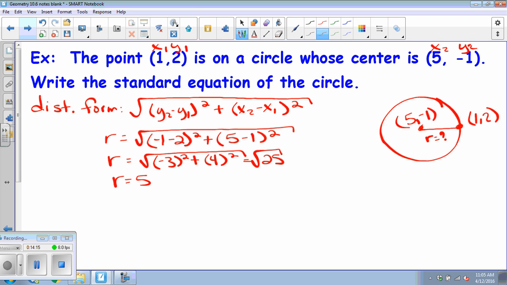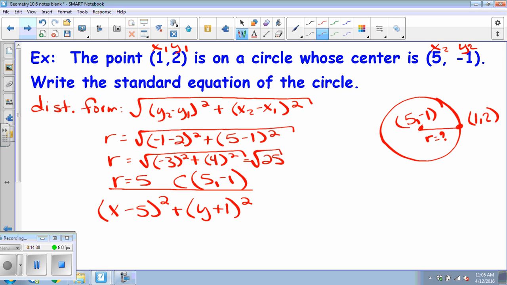So now you have the center and you have the radius, so you can go write the equation. The center they gave us was (5, -1). So here's our information we need to write. So it's x minus 5 squared plus y plus 1 squared equals 25.